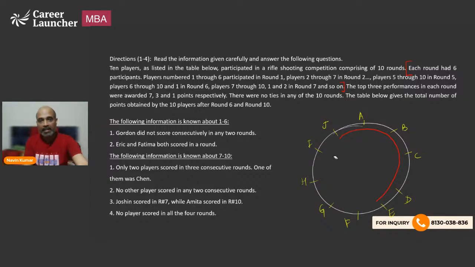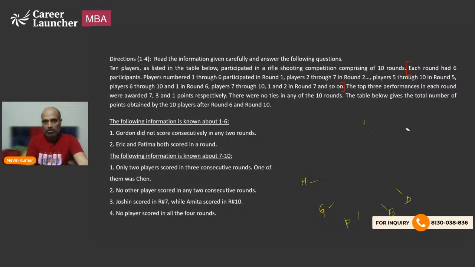So Neha, if we decide to draw a matrix, on paper, you should not be redrawing this table, right? We will not make this table. What we will do is draw a matrix, and for the matrix, we will write down the players' names like this: A, B, C, D, E, F, G, H, I, and J. And we will write down round number 1, round number 2, round number 3, round number 4.